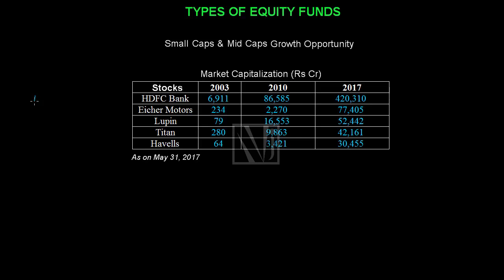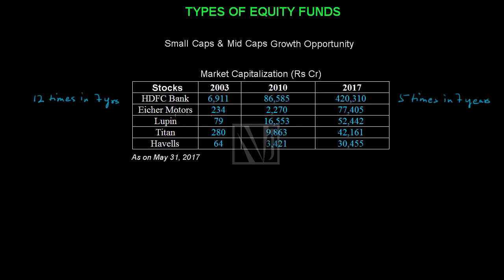That is more than 12 times in 7 years. And then from rupees 86,500 crores to rupees 420,000 crores, that is another 5 times in the next 7 years.